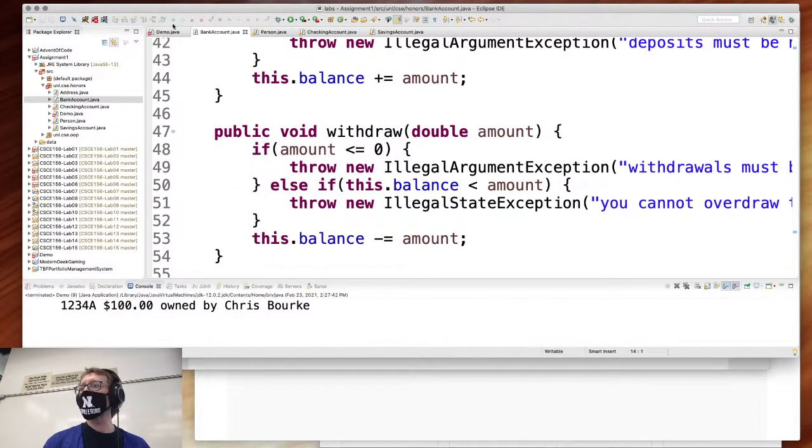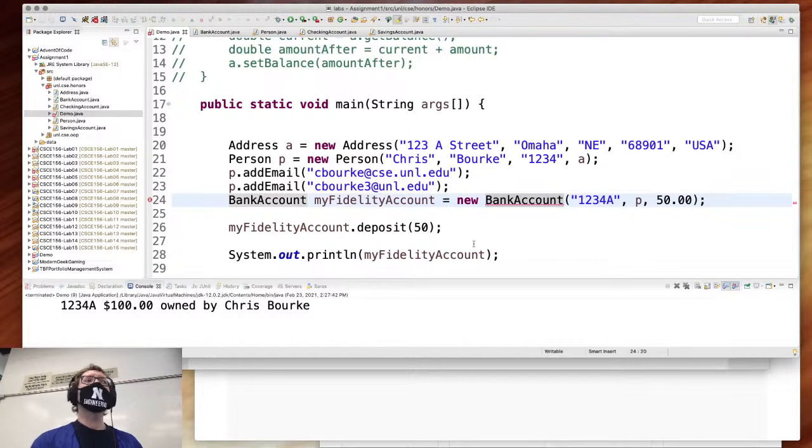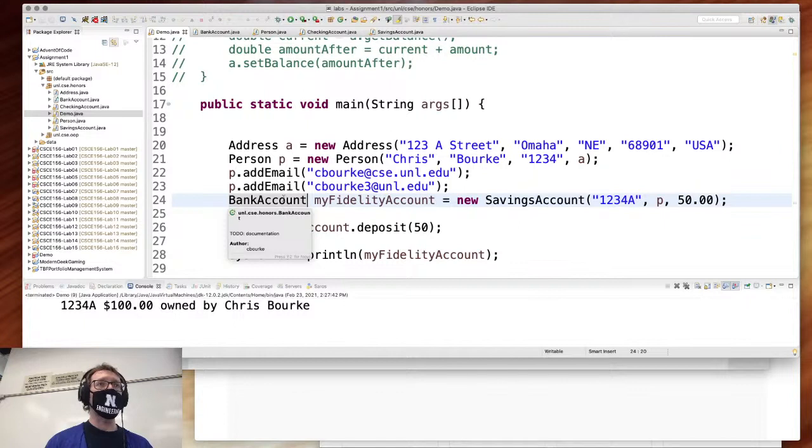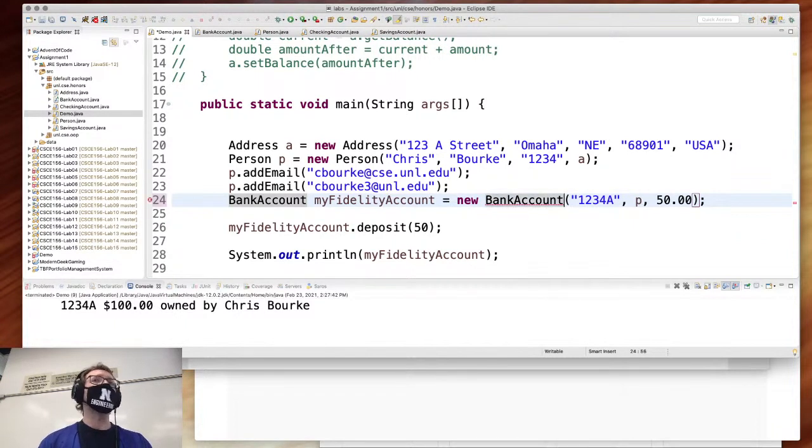That all still exists. But you can no longer create a bank account. I'm prevented from creating this thing. I have to say that this is a checking account, or that it's a savings account. I can treat it as the abstract idea of a bank account, but I can't create a concrete instance of an abstract idea. Just like you can't do that with a circle.